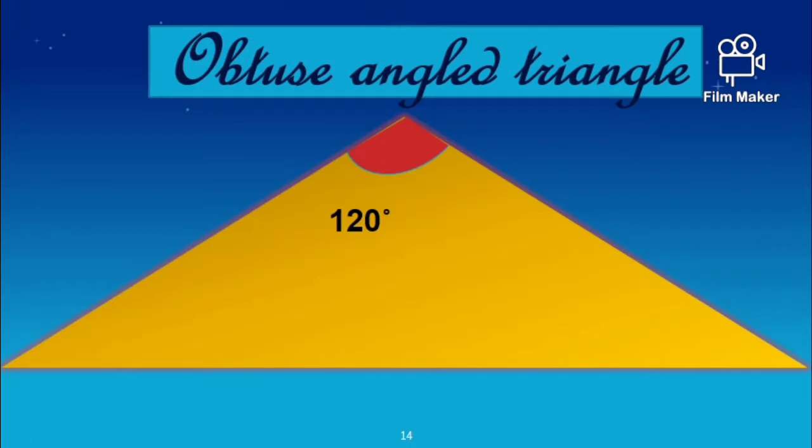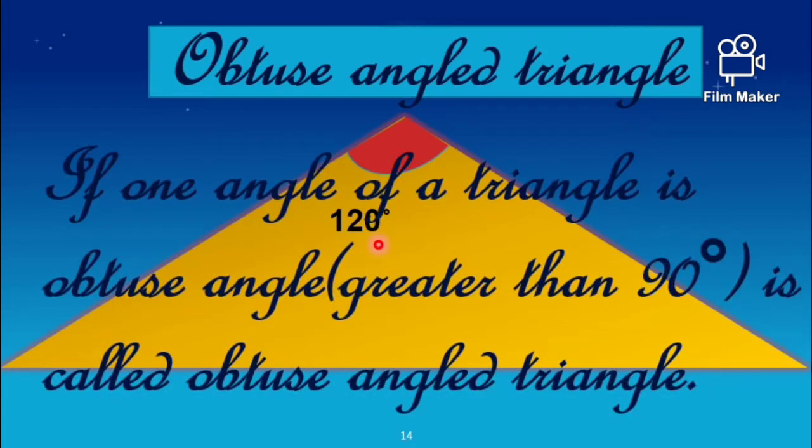What is an obtuse angle triangle? A triangle which has one obtuse angle. In this figure you can see a triangle has one obtuse angle. Obtuse angle means greater than 90 degree. If a triangle has one obtuse angle, that type of triangle is called an obtuse angle triangle.